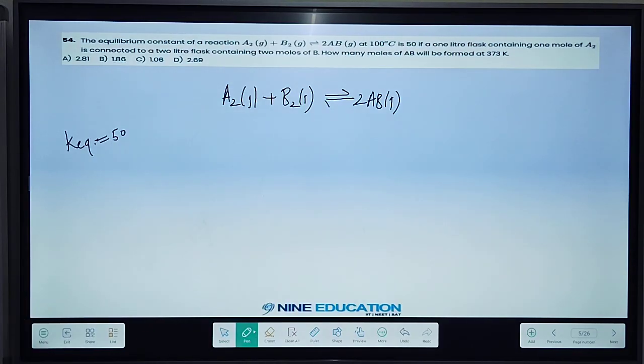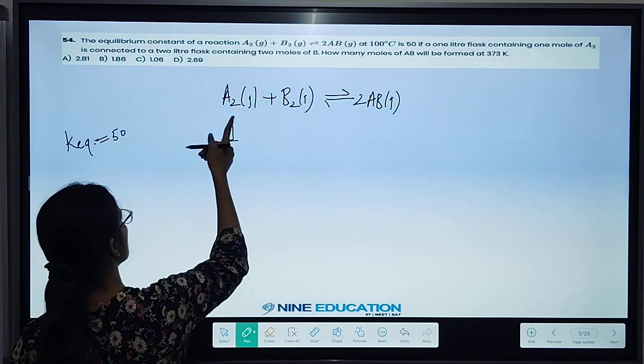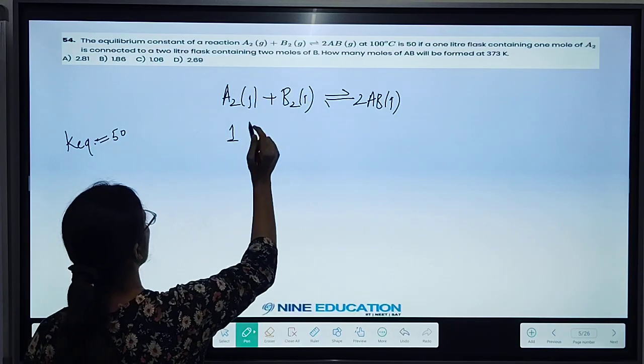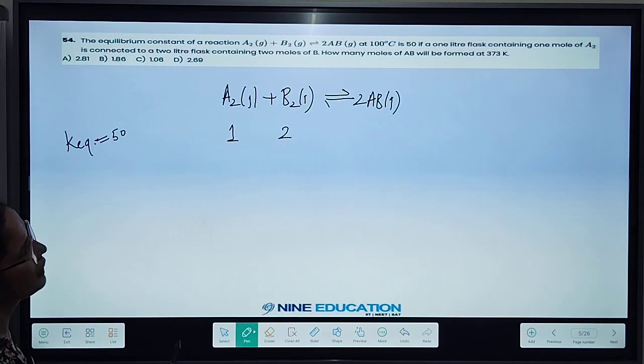Next, this equilibrium is established if a 1 liter flask containing 1 mole of A2 is connected to a 2 liter flask containing 2 moles of B2, and how many moles of AB will be formed at 373 Kelvin? So we are starting with 1 mole of A2 in the mixture, and B2 moles is 2, and we do not know how much has dissociated.